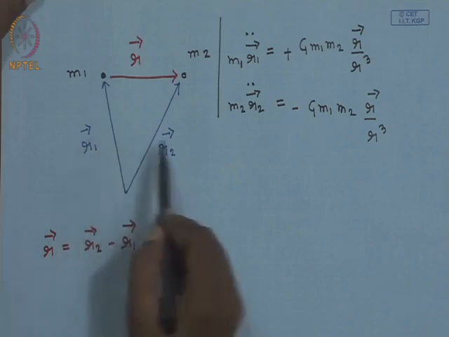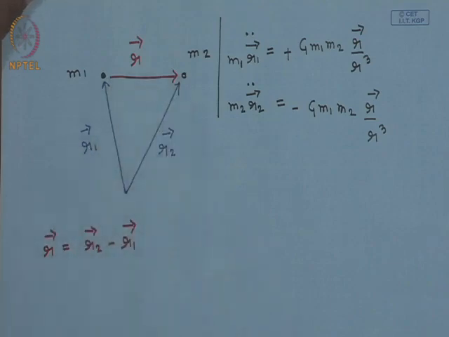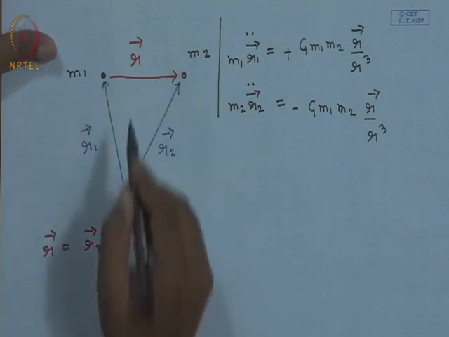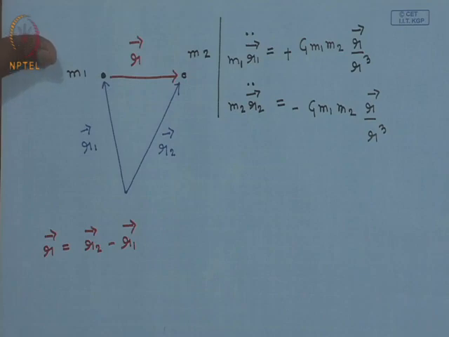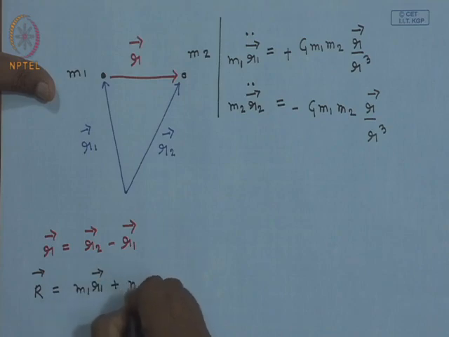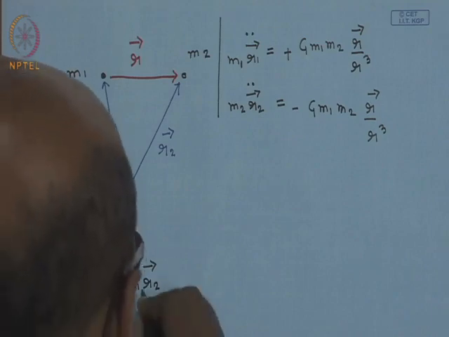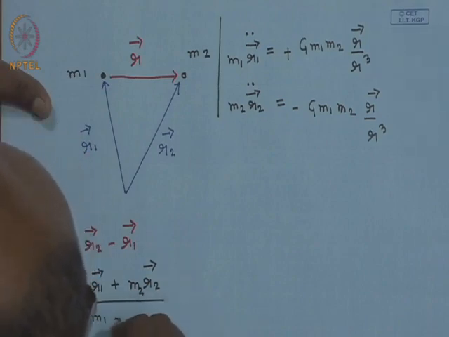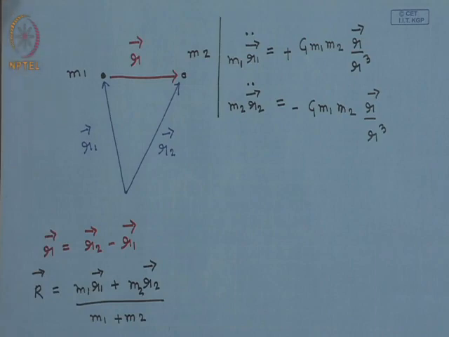Instead of using r1 and r2, which refer to the two individual particles, it is convenient to use different coordinates, and these different coordinates are the relative displacement between the two particles, which we have already introduced, and the position of the center of mass R. Center of mass is defined as the weighted average of the two vectors, m1 r1 plus m2 r2 divided by m1 plus m2, that is the center of mass.